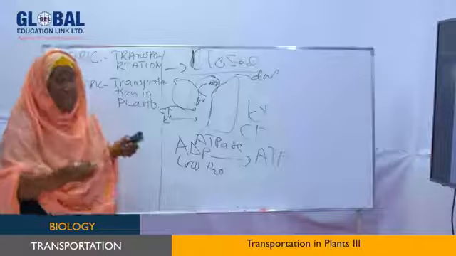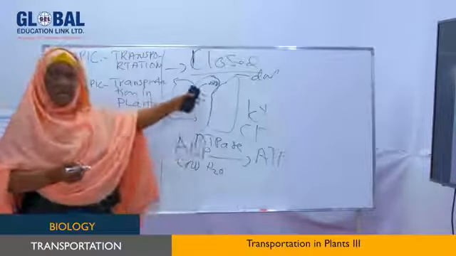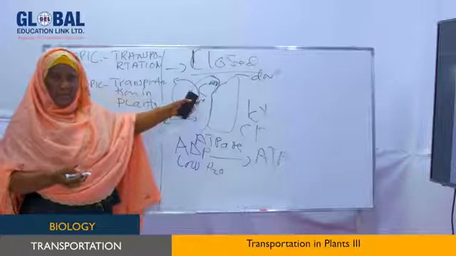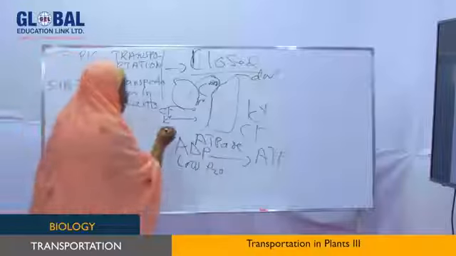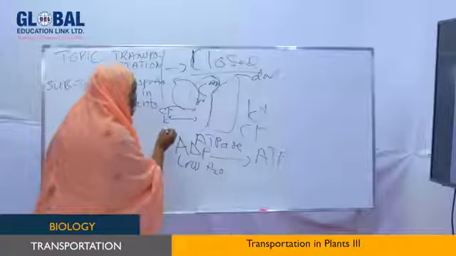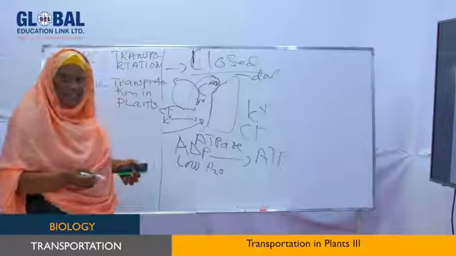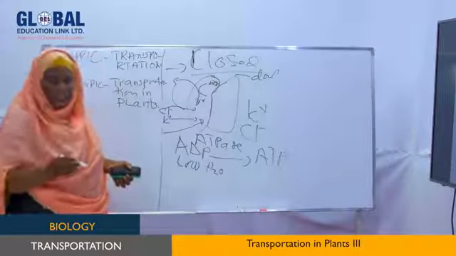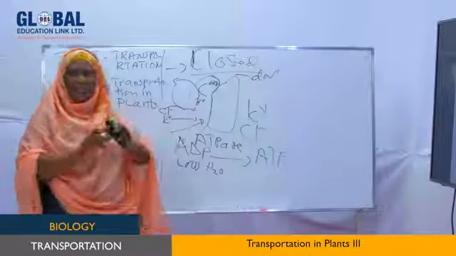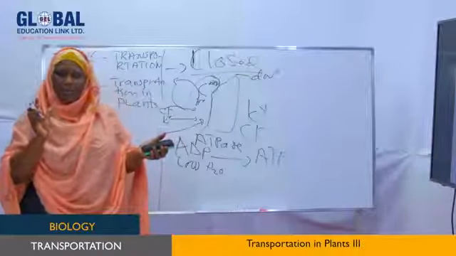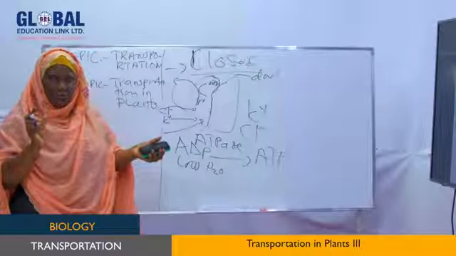Water potential there becomes low due to these ions. The result of that is the entry of water. Water will enter the guard cells by osmosis. When water enters, the stoma opens. I think you have understood.